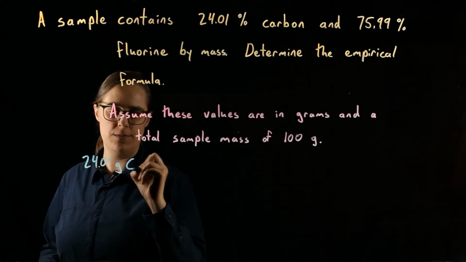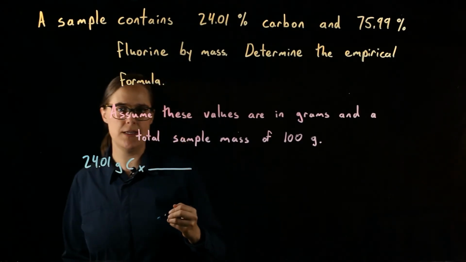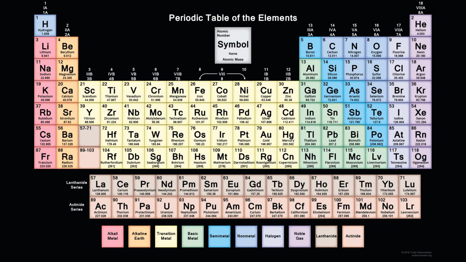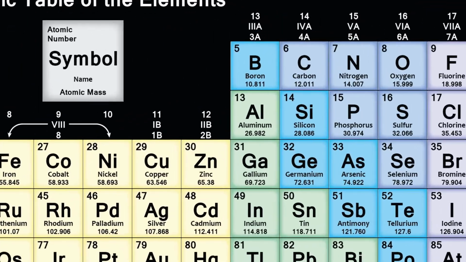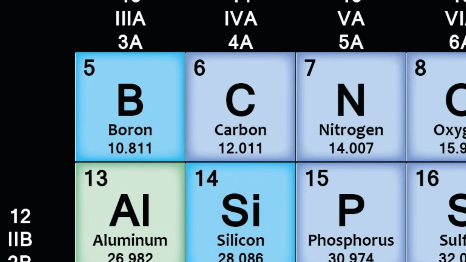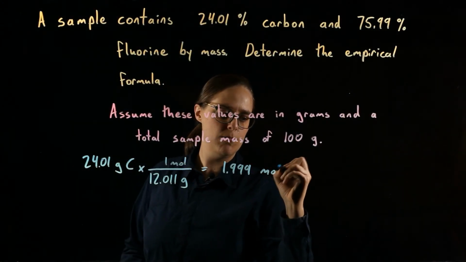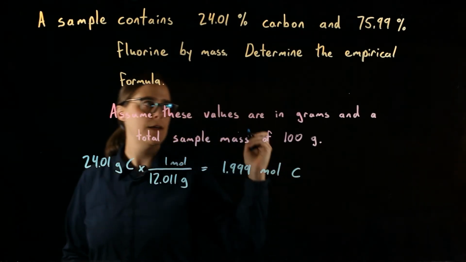24.01 grams of carbon. I'm going to need to divide this by the molar mass of carbon from a periodic table, 12.011 grams per mole equals 1.999 moles of carbon.